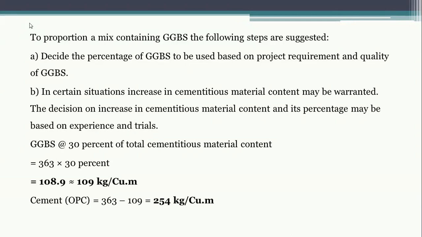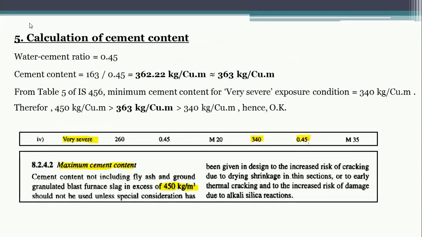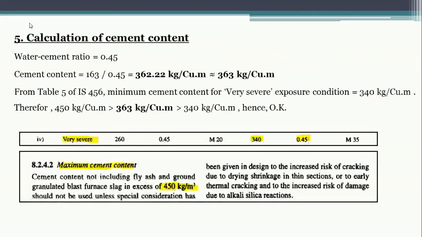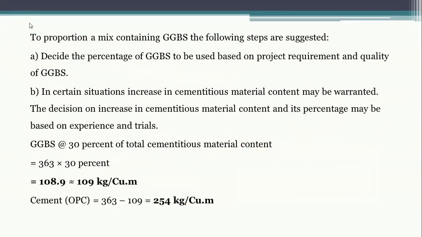So now the cement, earlier we were using 363. Now by using mineral admixtures, the percentage of cement that is used will be reduced. That is the advantage of using this mineral admixture. You can make the concrete more economical, because earlier we were using 363, now we are using 254. So per meter cube of concrete, we have reduced almost 100, 110 kg.